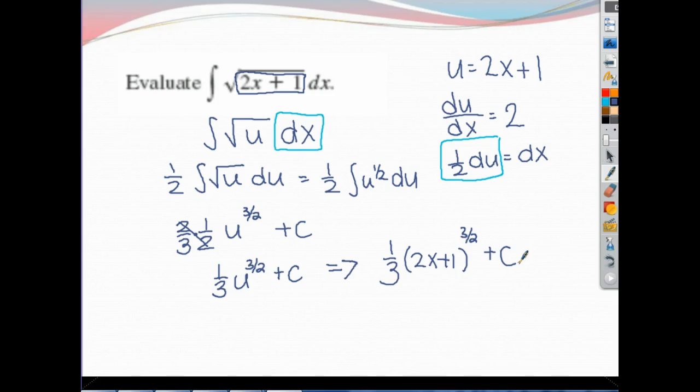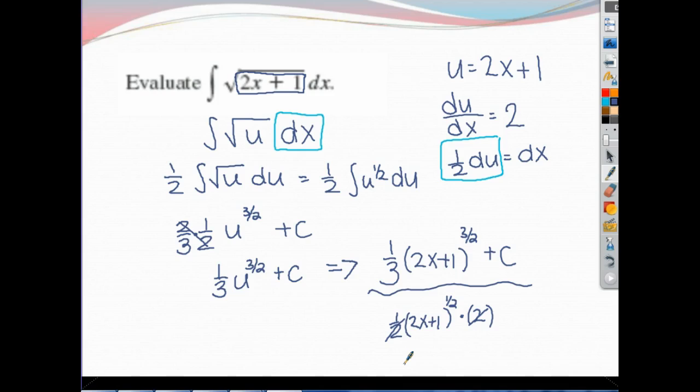Take your derivative of this. What's 3/2 times 1/3? 1/2. So take your chain rule, right? You get 1/2, subtract 1 from the exponent, multiply by the inside derivative. The derivative of any constant is 0.